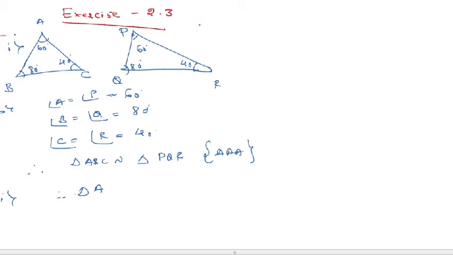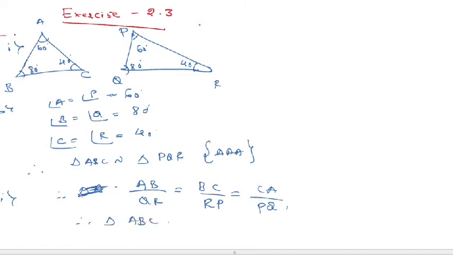So here I will write the detail. The second answer we can write by seeing the figure: AB by QR is equal to BC by RP is equal to CA by PQ. The corresponding sides are in proportion. Therefore, triangle ABC is similar to triangle QRP. It is according to the SSS similarity criteria.